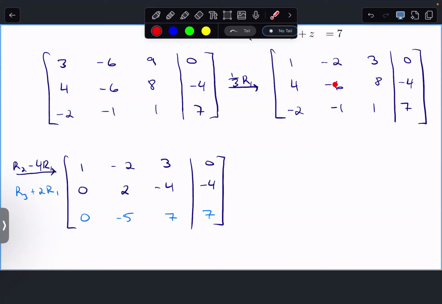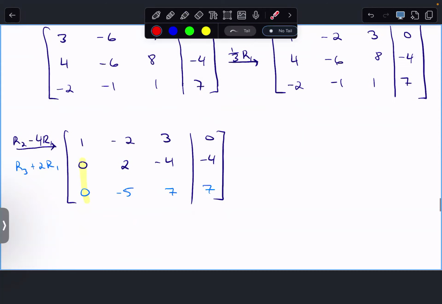Right? And so now we have these guys here. So now what I'm going to do is I'm going to do the same thing with this next row. I'm going to turn this 2 into a 1. And then I'm going to use this 1 to turn this into 0 and this into 0.